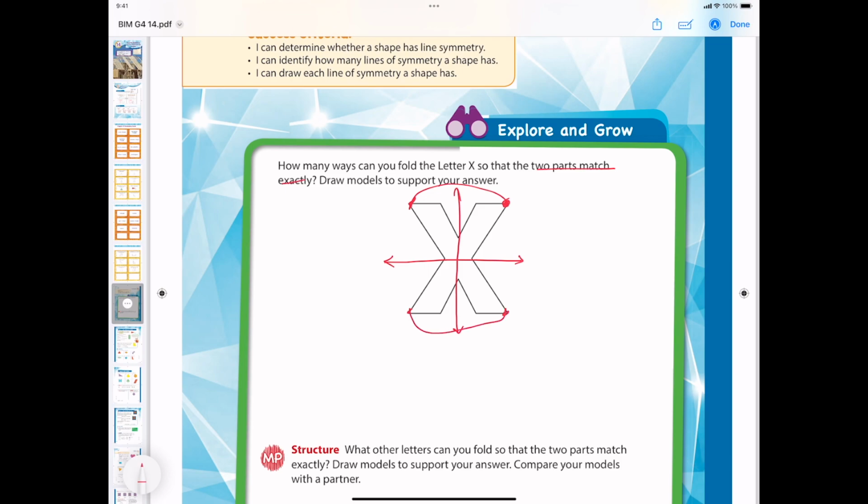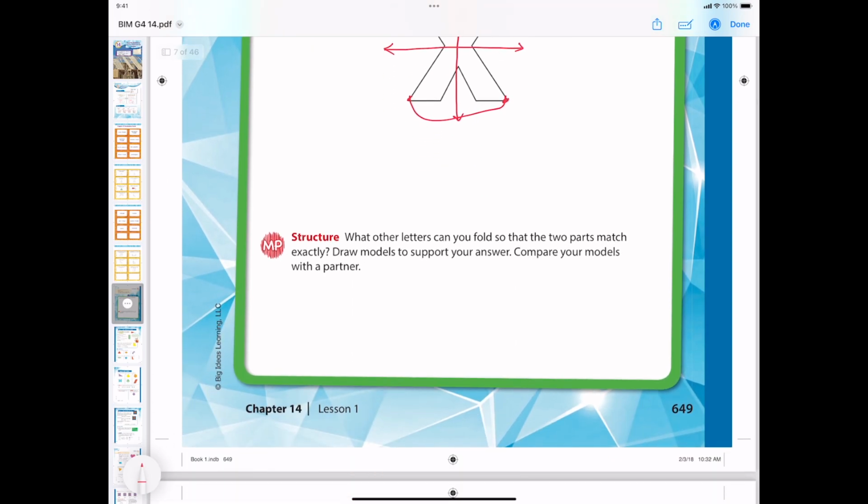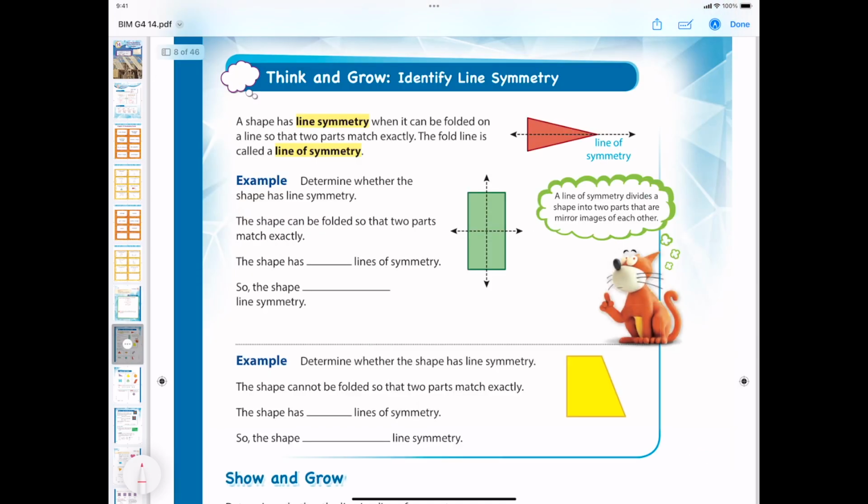Match. Now, what other letters can you fold so that the 2 parts match exactly? Draw models to support your answer. Compare your answers with a partner. I want you to make your own list, and when we are going over it in class, I can ask you guys. All right, let's move on.